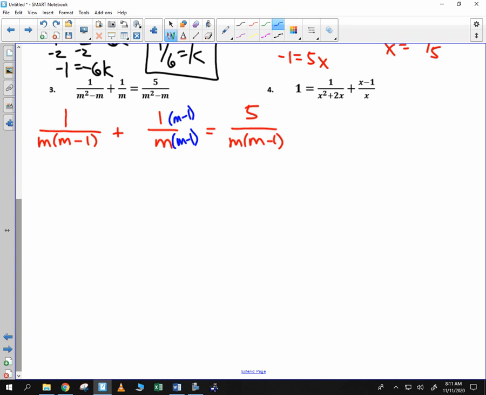Now the denominators are the same. 1 plus m minus 1 equals 5. That's what this equation becomes because the denominators are now the same. 1 and negative 1 is 0, so you get m is equal to 5.